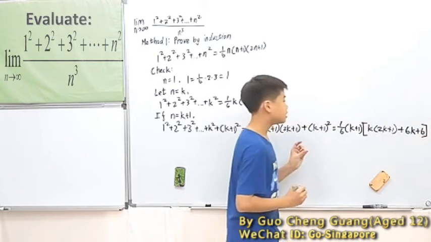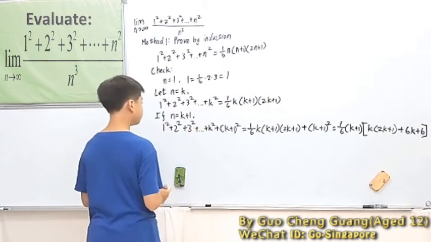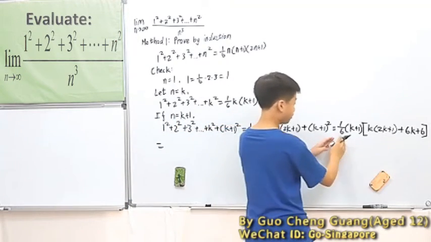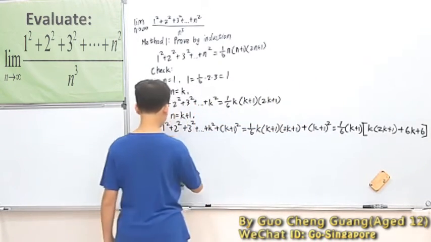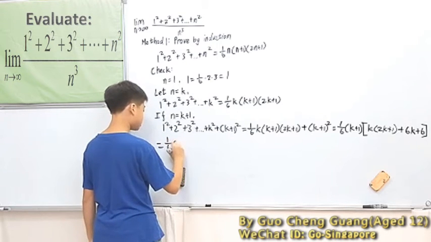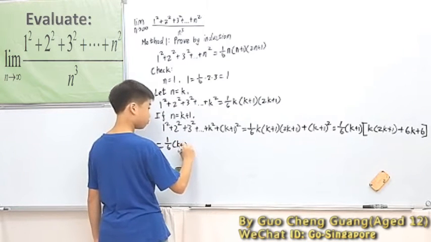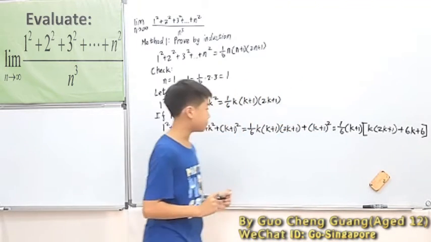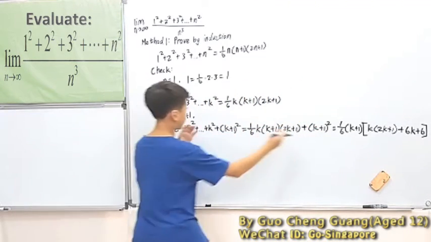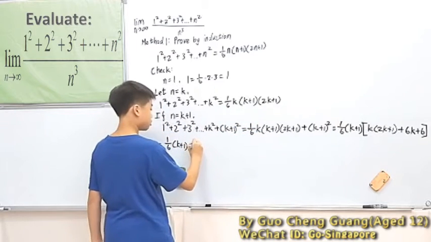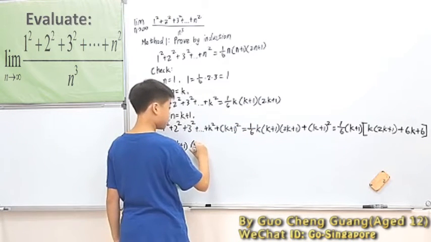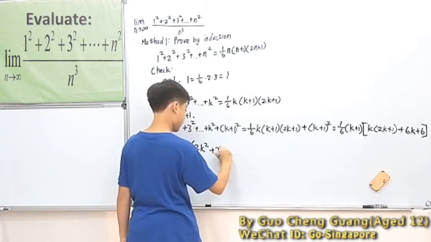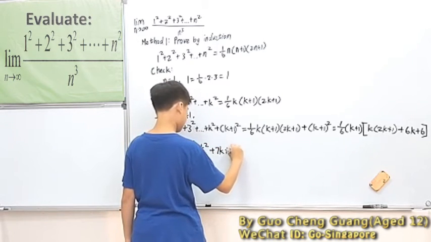So it becomes 6k plus 6. Then from this, 1 over 6 times k plus 1, we just let it be the same at first. Then inside here, we'll try to simplify it. Okay, maybe we could expand this part first. So that means inside would be 2k squared plus 7k plus 6.